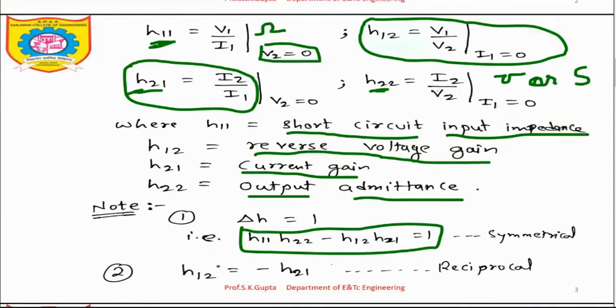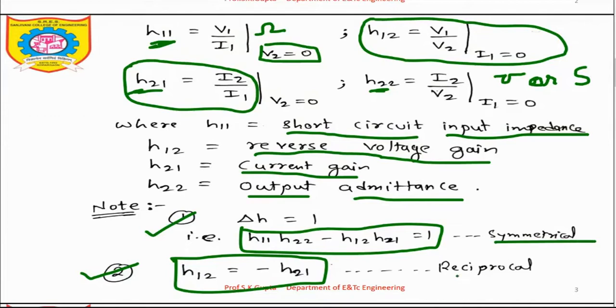And whenever your H12 is minus of H21, in that case your network is reciprocal. So remember this, symmetrical condition and reciprocal condition. Symmetrical means we can divide the network into two equal parts, and reciprocal means we can interchange excitation input and response output.